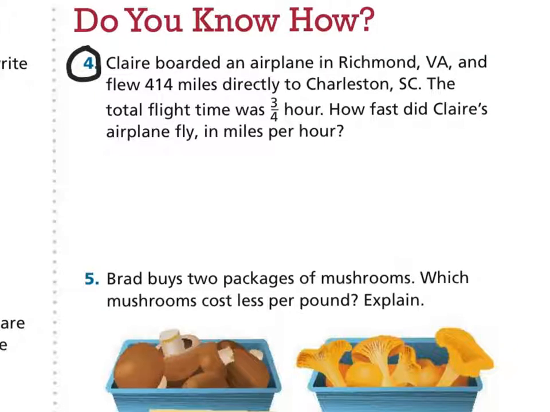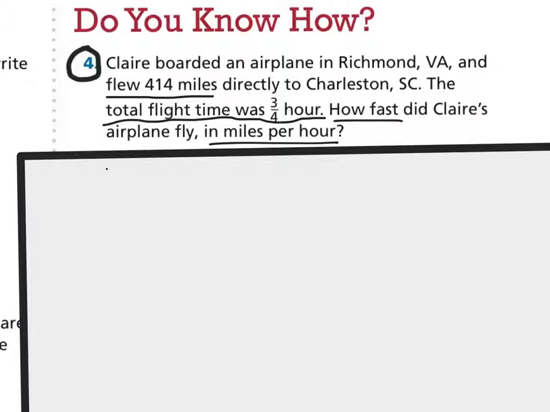Number 4, Claire boarded an airplane in Richmond, Virginia and flew 414 miles directly to Charleston, South Carolina. Total flight time was 3/4 of an hour. How fast did Claire's airplane fly in miles per hour? So 414 miles in 3/4 of an hour.